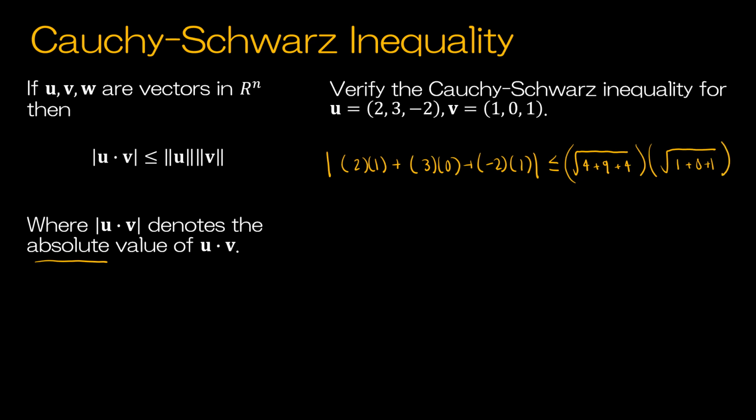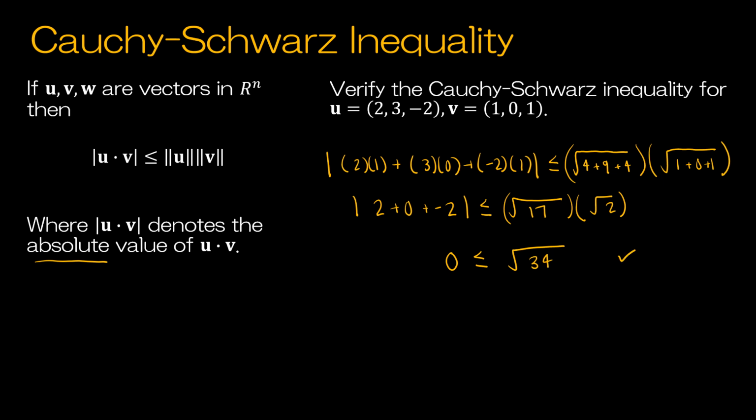So let's verify. This is 2 plus 0 plus negative 2 has to be less than or equal to radical 17 times radical 2. Well, 2 plus 0 plus negative 2 is 0. The absolute value is 0. And 0 is less than the product of radical 17 and radical 2, which is radical 34. And so this, in fact, is verified.